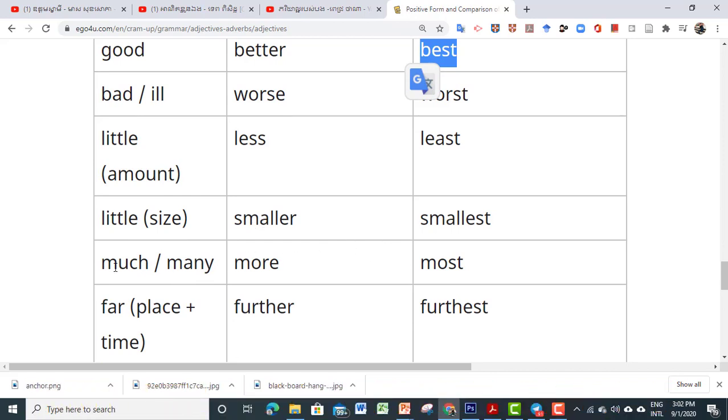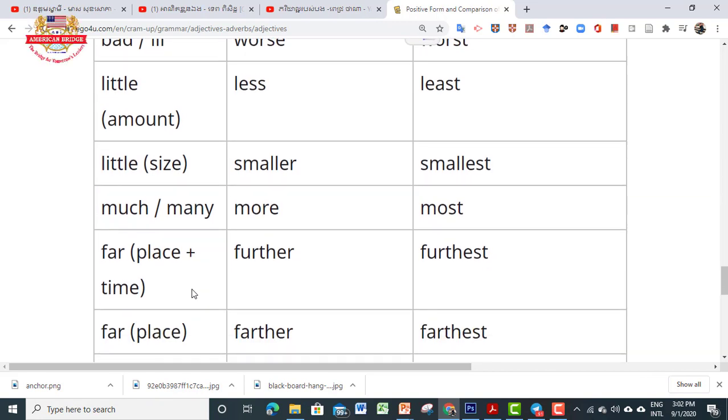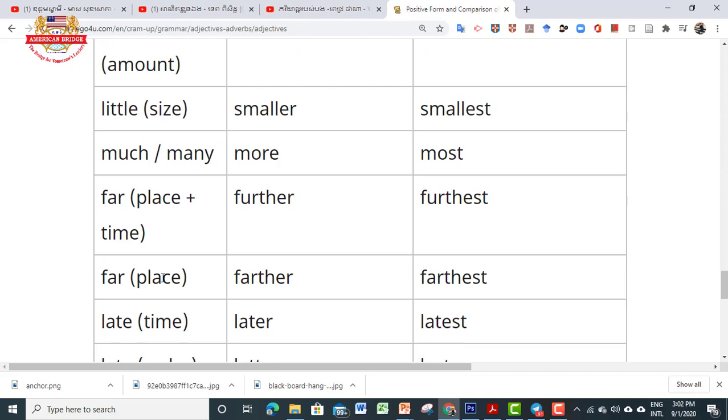Much and many change to more and most. Far, for place or time, we call it further or furthest. And far for place can be farther and farthest. The difference in spelling is the letter u and the letter a.